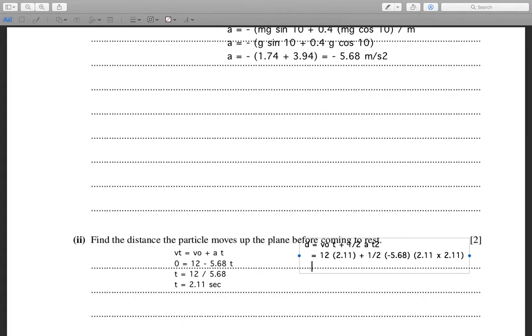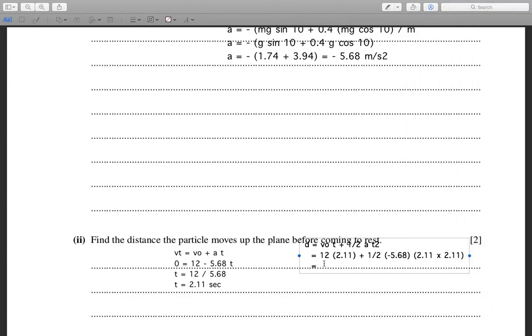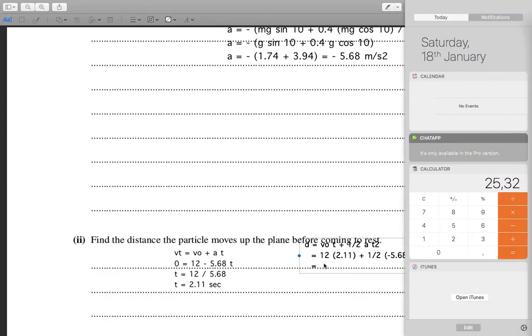Okay, we use the calculator again. 12 times 2.11 becomes 25.32.